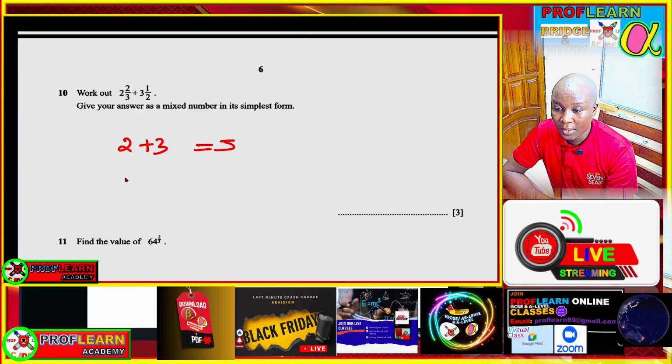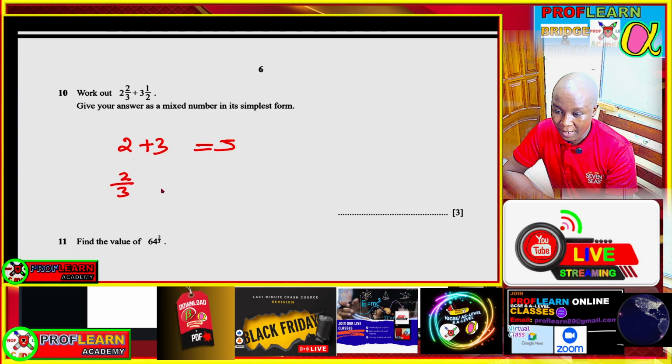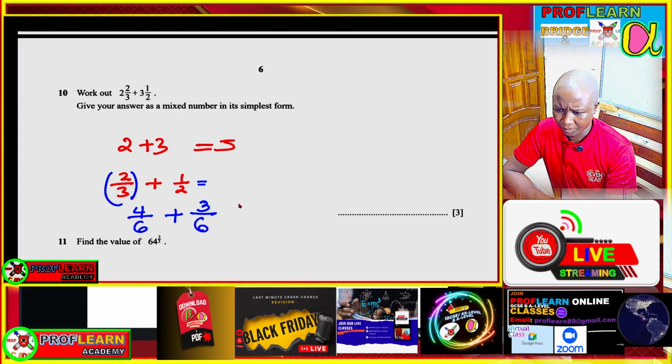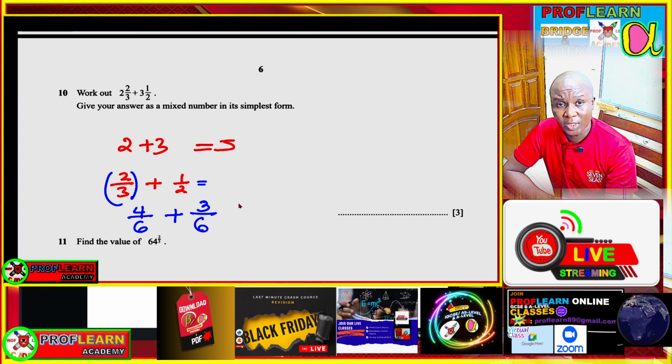First, you can see here, I've decided to add the whole numbers, 2 plus 3, that is 5. Then I'll add the fractions, but I'll have to ensure that I'm writing the fractions with a common denominator. So 4 over 6 is equivalent to 2 over 3, and 3 over 6 is equivalent to a half.